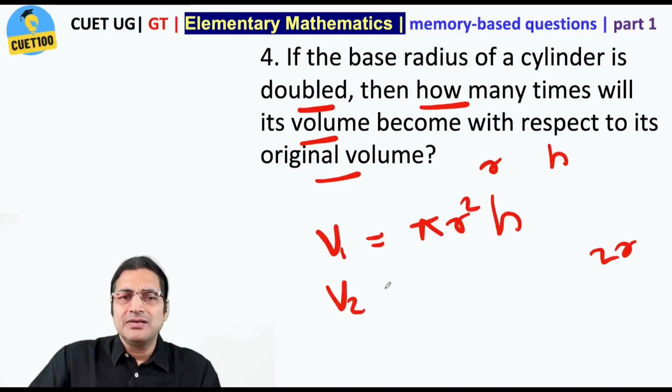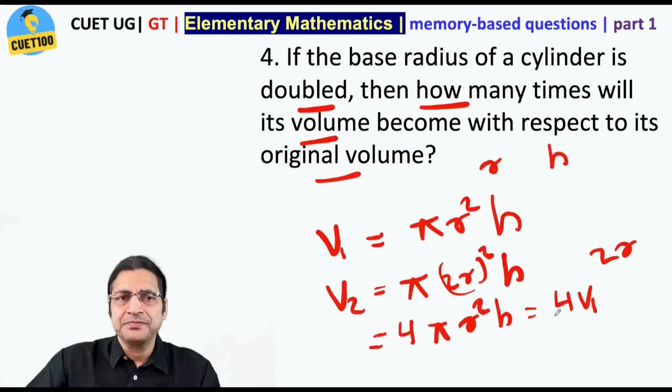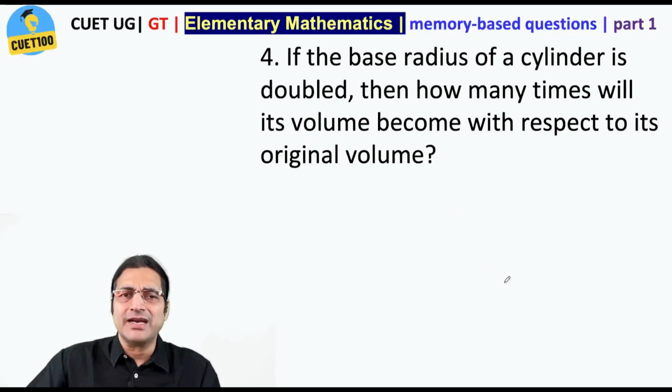Now the volume would be pi into 2r square. Height remains constant. So this becomes 4 pi r square h, which is 4 times V1. So straight away we get the answer that it becomes 4 times the original volume.